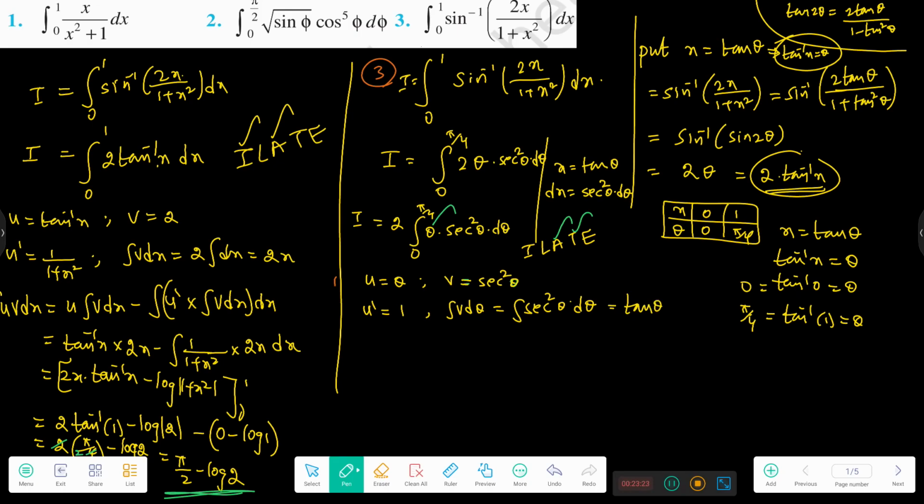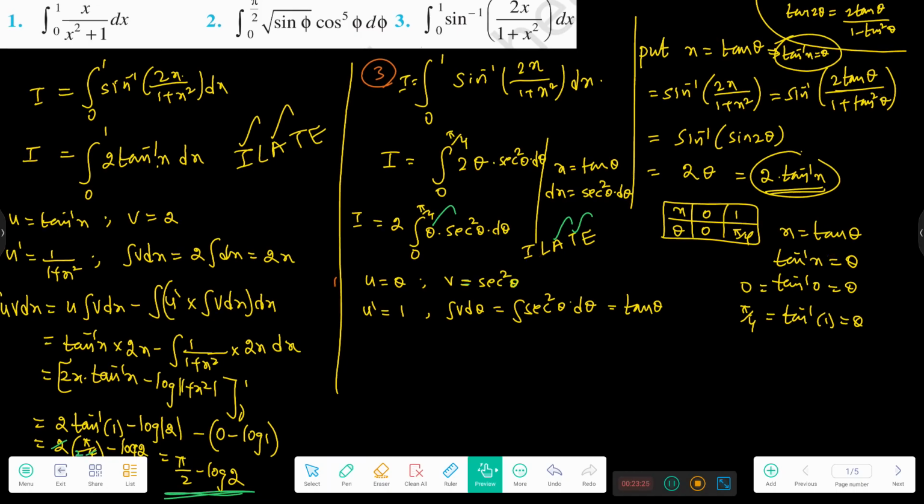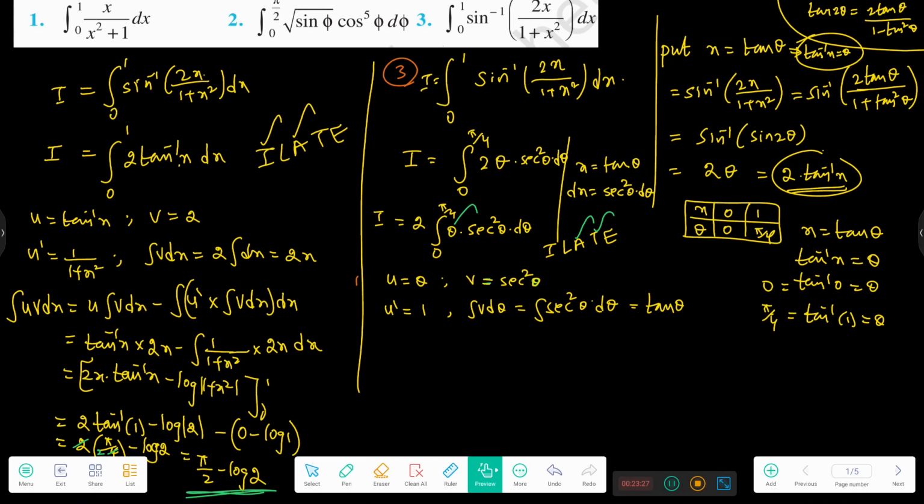Now let's go to the formula. We have already mentioned the formula, and this formula only I am going to write there also. So on the left hand side we have the question.